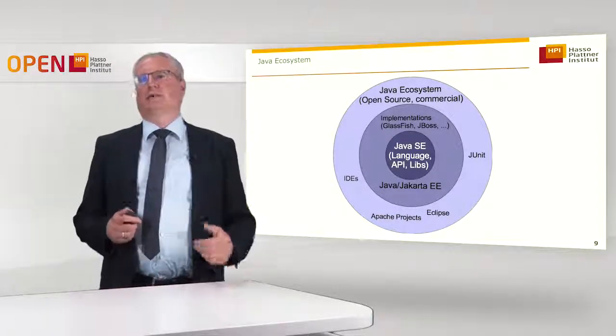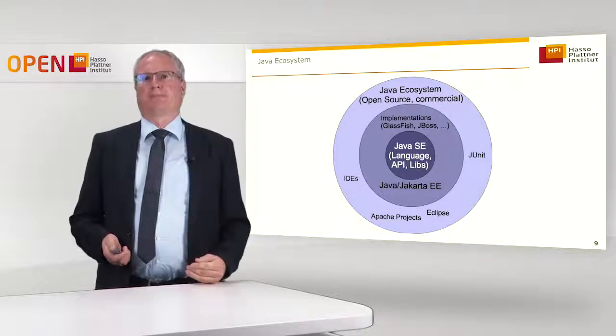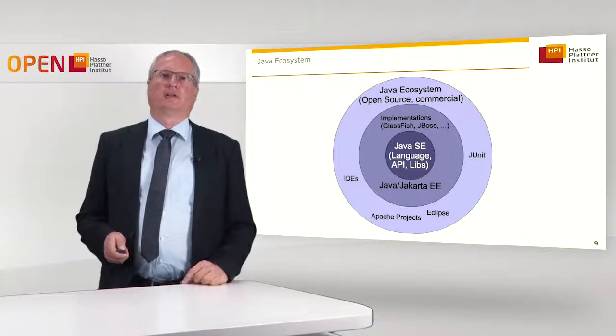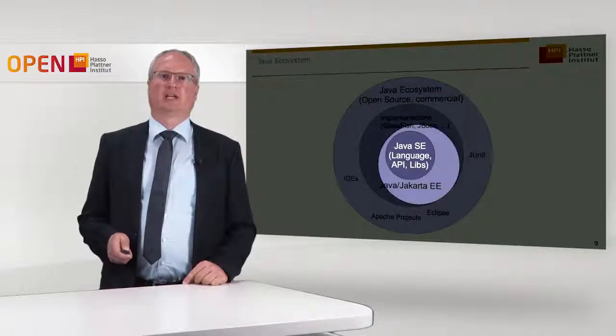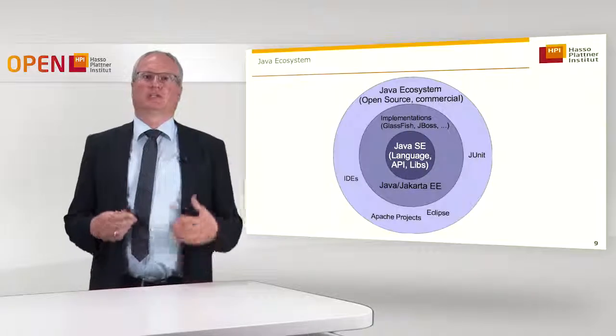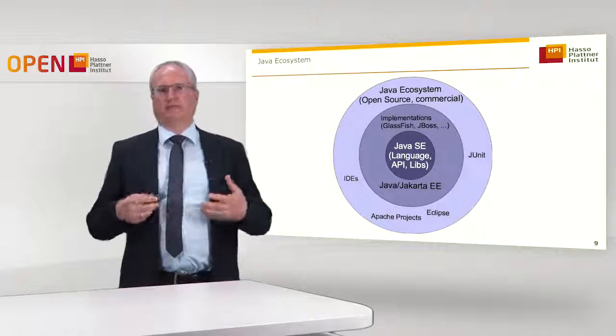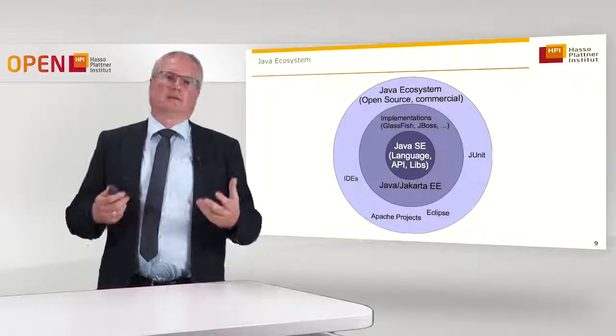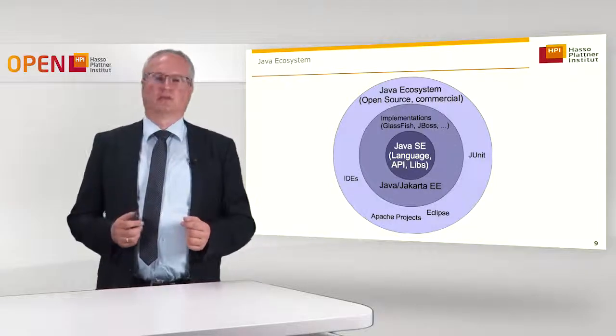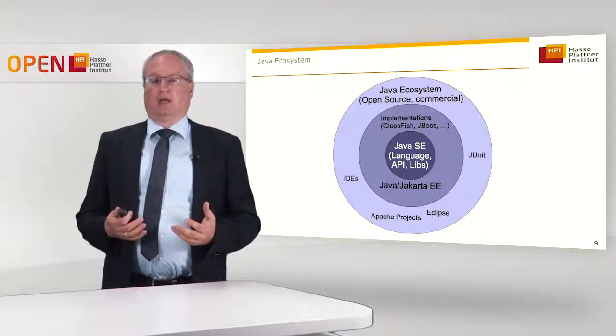So Java is not only a programming language. Of course, at the core, there's the Java Standard Edition, which is what you typically install when you download the JDK. The Java Standard Edition is the language itself, the compiler, the runtime environment, the JVM, and the standard APIs and the corresponding libraries.